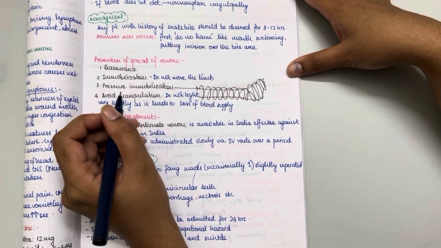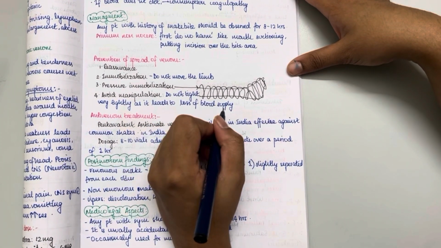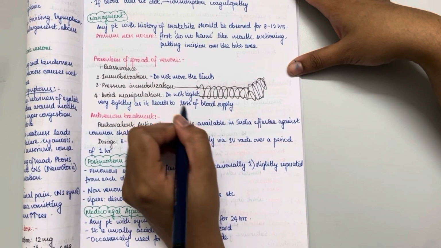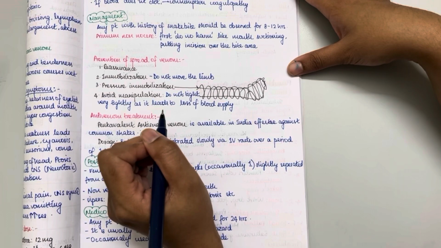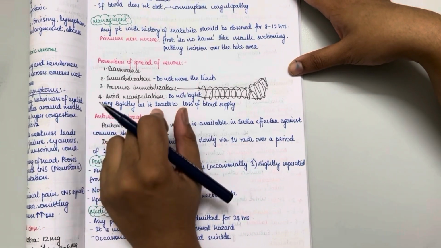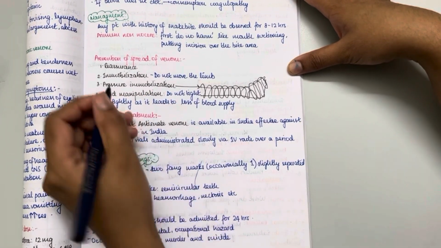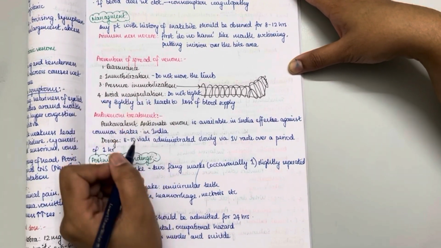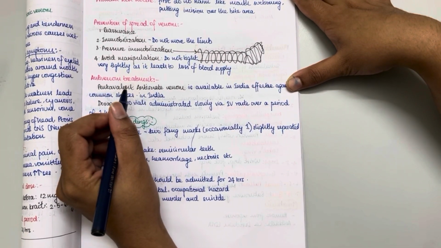But it should not be tied very tightly, because that will lead to loss of blood supply, gangrene and necrosis. It should be tied in a way that causes pressure to the limb.